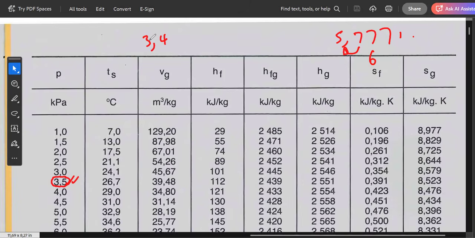This one, we could have said we've got a 3. But the closer value is 3,5. So we can use that one. When we have got numbers such as 5,7, you have approximated your answer to the next digit, which is 6.